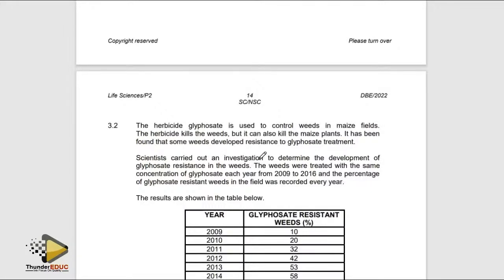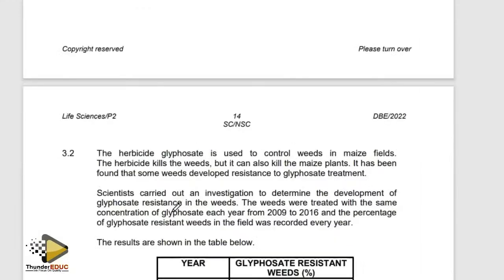Scientists carried out an investigation to determine the development of the glyphosate resistance in the weeds. The weeds were treated with the same concentration of the glyphosate each year from 2009 to 2016, and the percentage of the glyphosate resistant weed in the field was recorded every year. Okay.